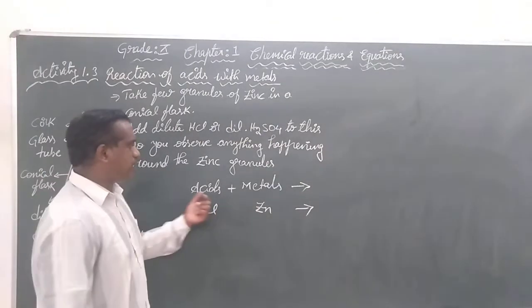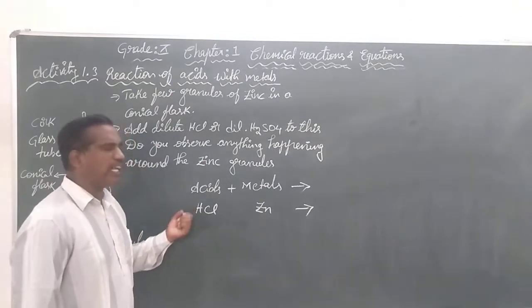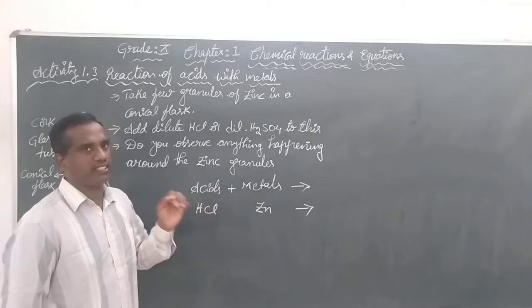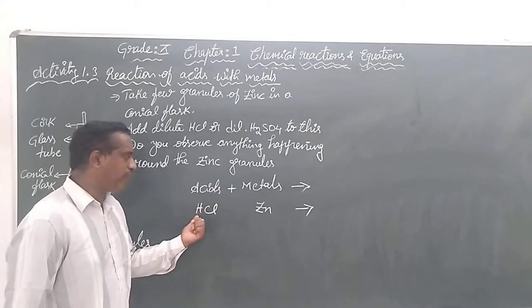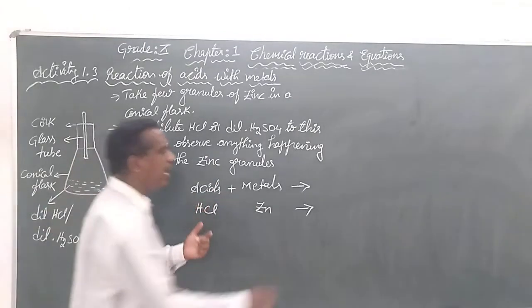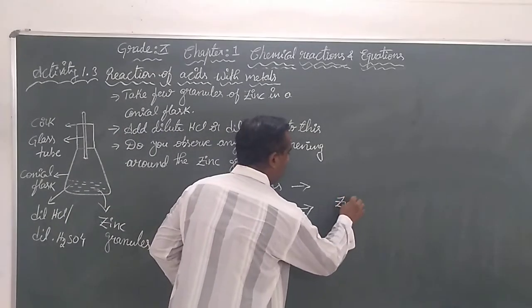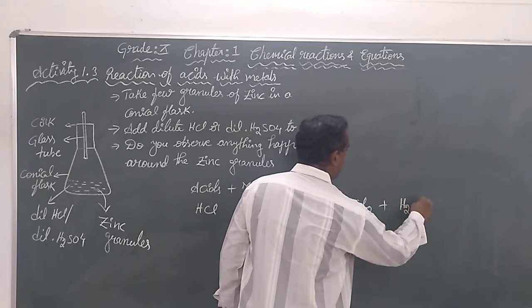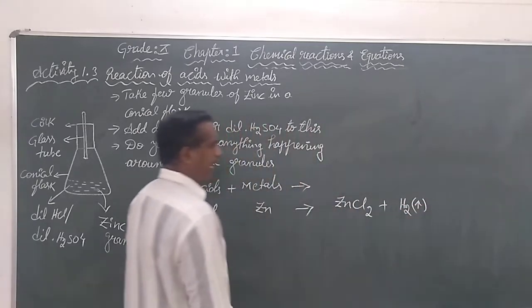The metal will displace hydrogen from the acid in the form of hydrogen gas, and in return they will combine with the remaining atoms of the reactants.